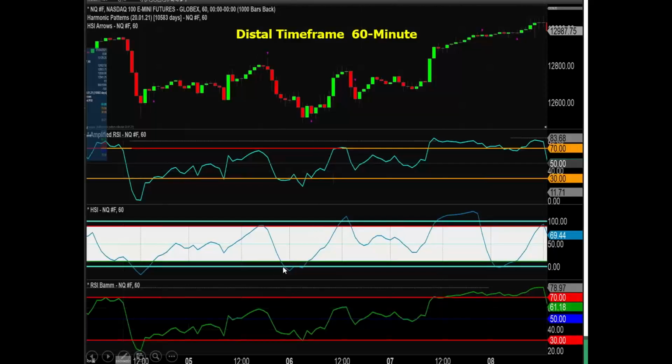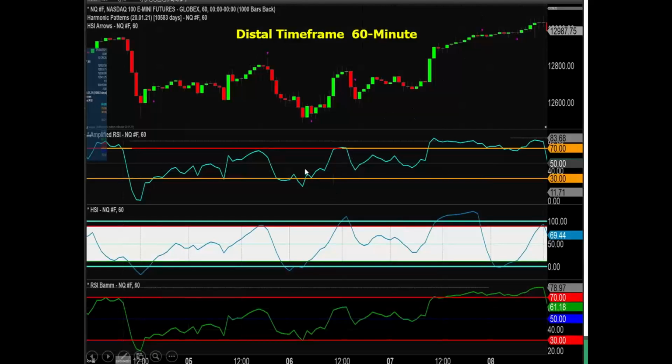Say it to yourself, oversold, oversold here, oversold. That means it's got to come back and react at a minimum. That's the area to be looking for bullish patterns against a larger time frame HSI signal with oversold readings. Those are some of the most ideal conditions you can get for larger moves.